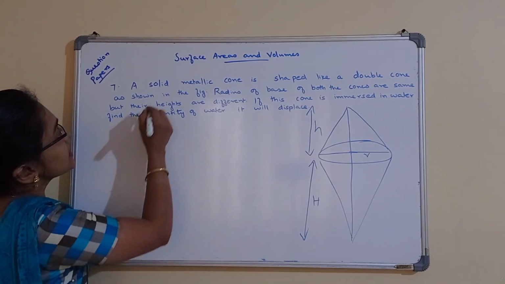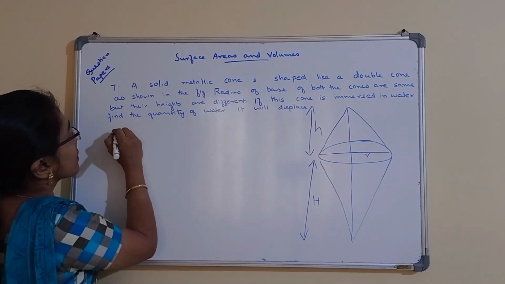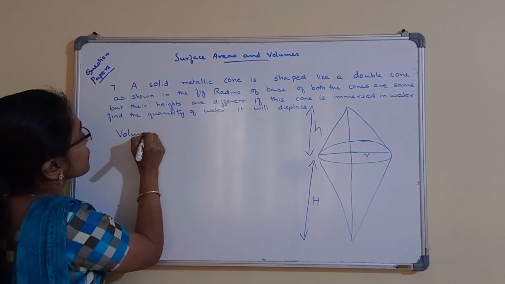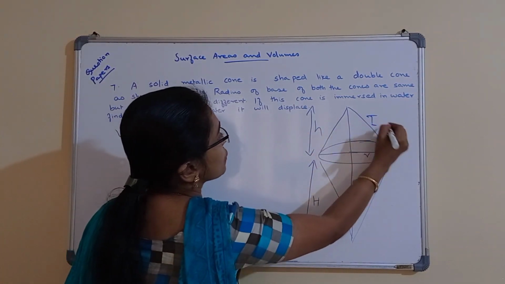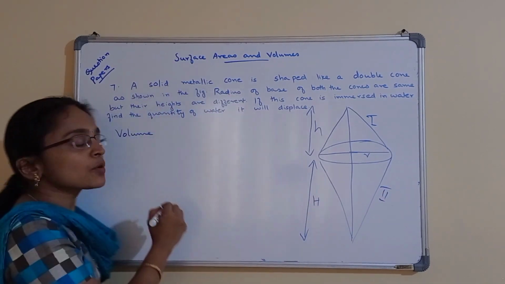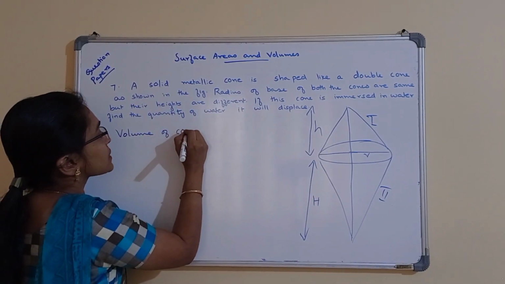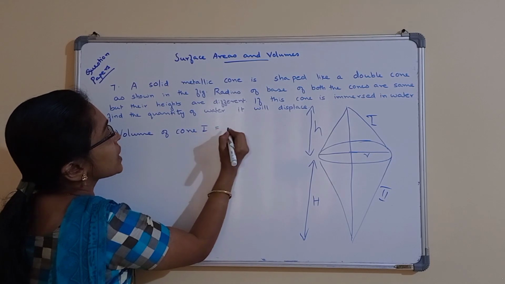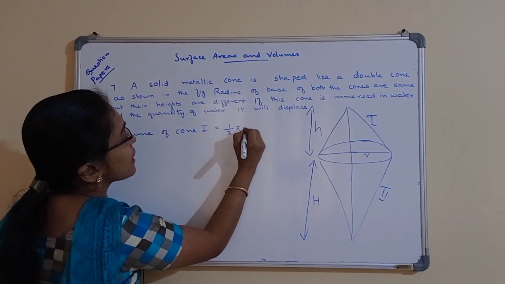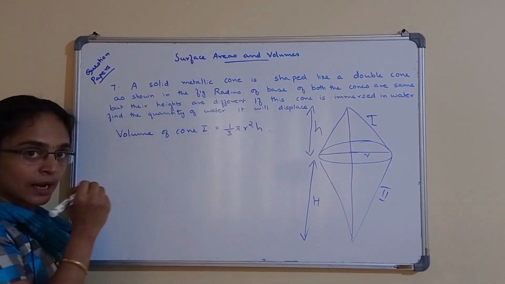So what is the volume of this cone? Let us name this as cone 1 and cone 2. So volume of cone 1 is equal to 1 by 3 pi r square h. Right?